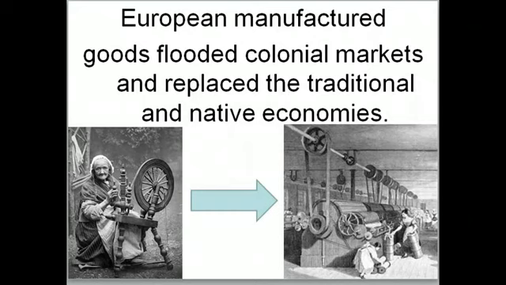So the natives in Africa used to subsistence farm, which means you farm just enough for your family and to sell a little bit to make a little money, or barter in an economy system. And it's going to be replaced with you're now growing enough crops to make for these European factories, and you buy manufactured goods from Europe.